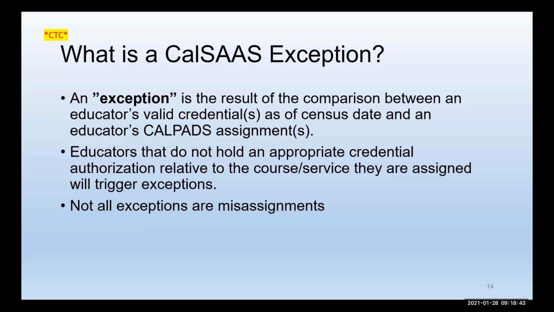Additionally, assignments that are vacant or have a substitute reported as a teacher of record will also trigger exceptions. Remember that these exceptions are questionable assignments. They're not necessarily misassignments because there may be other reasons to explain why an educator is appropriately authorized for the assignment.